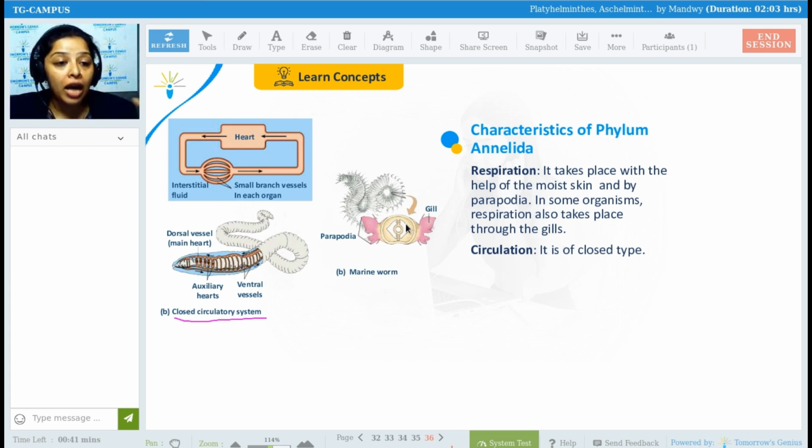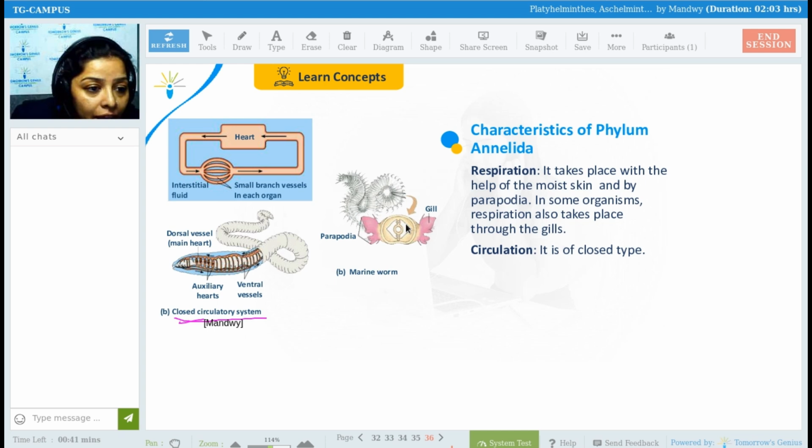If this type of pathway, canal, passage is there in the body, then the circulatory system will be closed. If all the organs present in the body are bathed in the blood, there is no proper closed tube for the blood, then such a type of system is called open. Blood is openly present and all the organs are actually bathed in the blood.